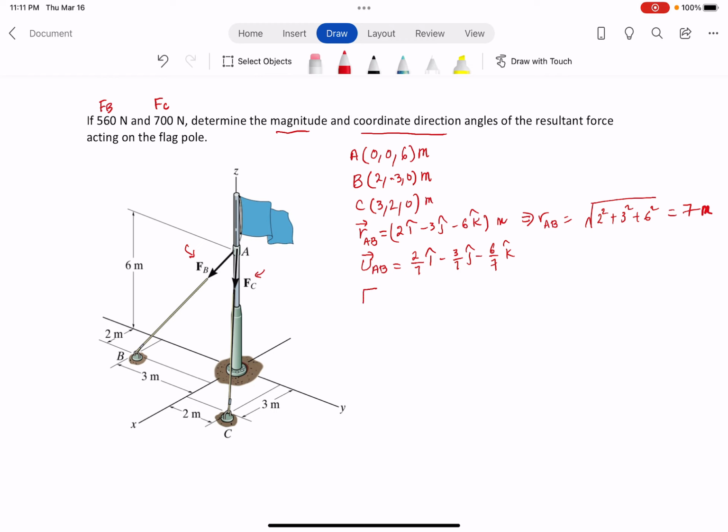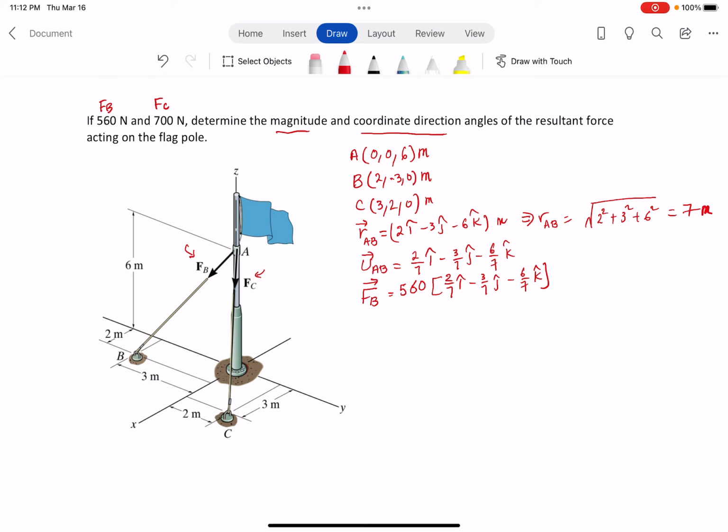So the force in Cartesian format is 560 times (2 over 7 i minus 3 over 7 j minus 6 over 7 k).